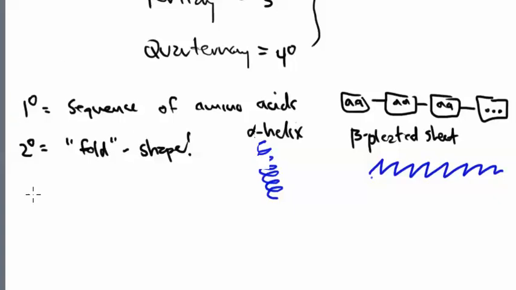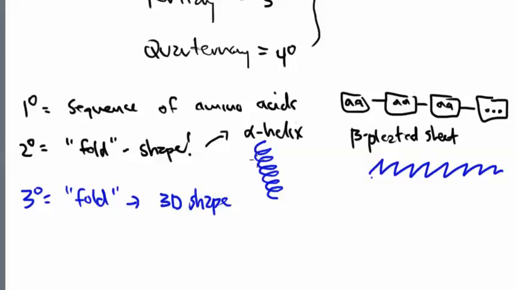The next type of protein structure is going to be called tertiary. And tertiary is more folding as well. So we can take a look at tertiary structure, but really when we take a look at the folding, we're looking at the 3D shape finally. So alpha helix and beta pleated sheets, those are really only kind of on the surface.